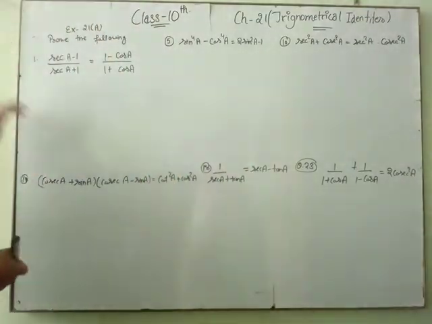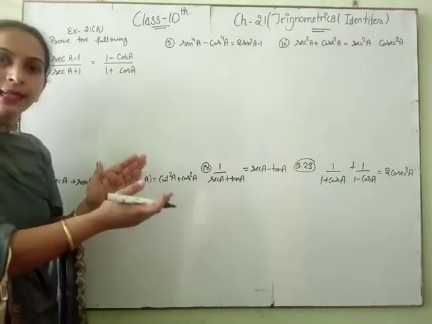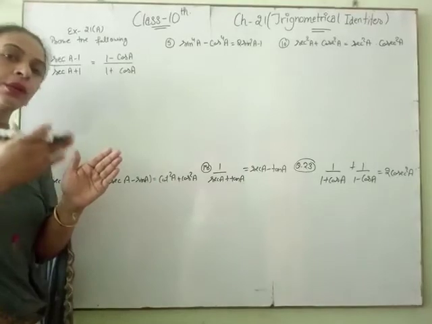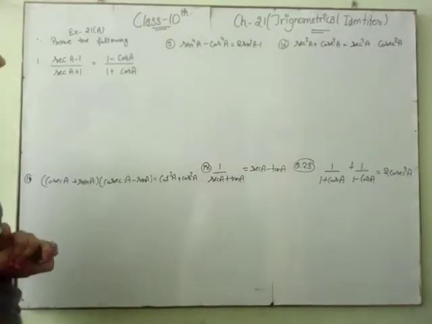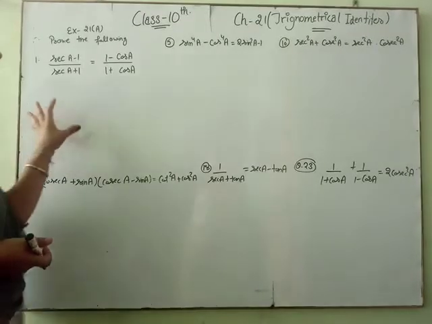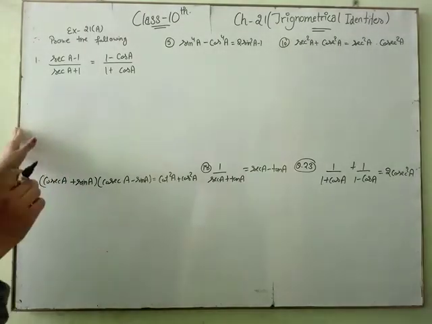We take any one of the sides and prove the other side. If we take left, then we prove according to right, and if right, then according to left. In most questions, first we take the complicated side.